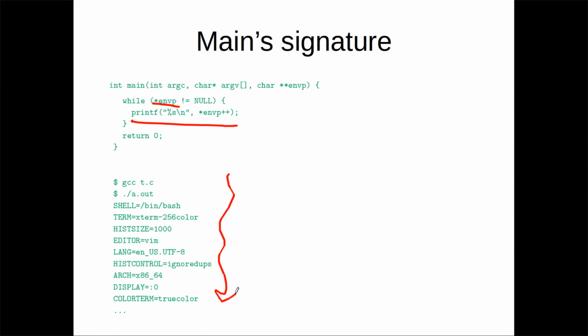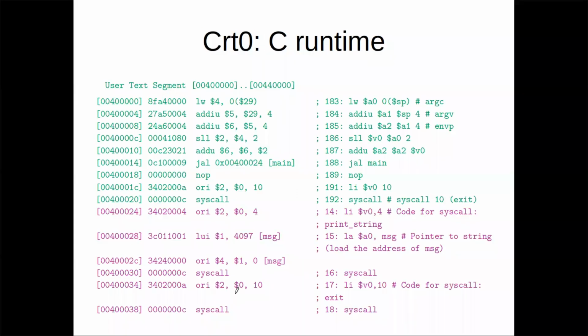It will show you the default shell, which is bash, the terminal which we're using, and stuff like that, right? And that's the standard. You say, look, my main should correspond to this signature. And this is exactly what they're doing here. So they are essentially saying, okay, right now my goal is to start main.